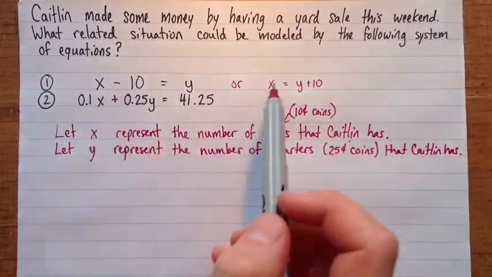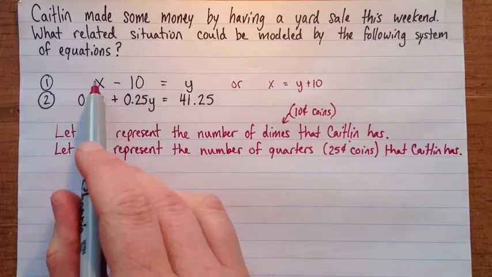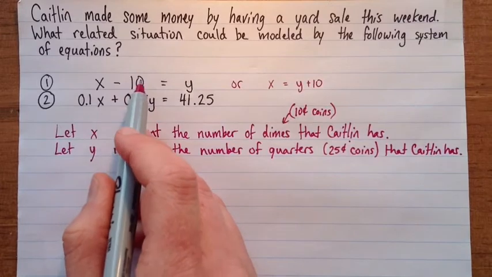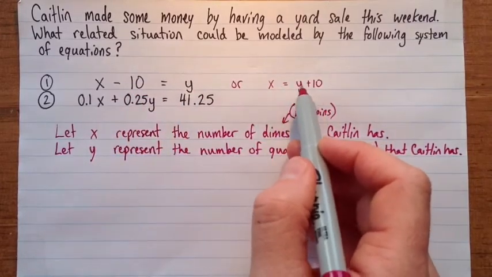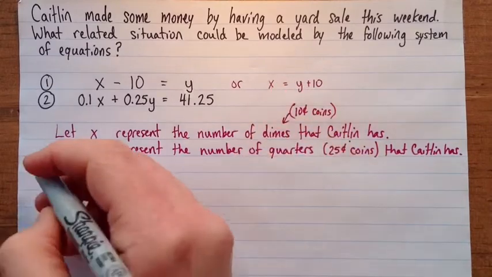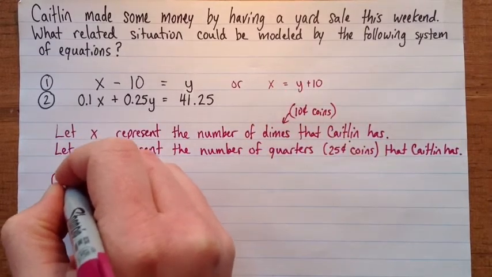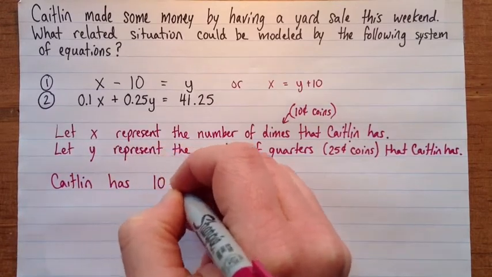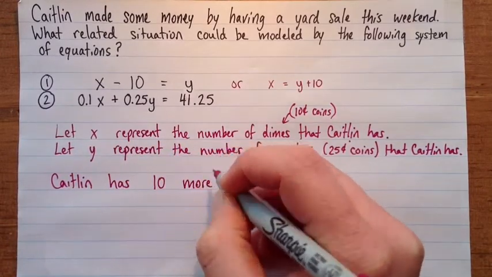Okay, so then what do these two equations mean? x minus 10 equals y. So number of dimes minus 10 equals y, which is the same as number of quarters plus 10 equals number of dimes. So Caitlin has 10 more.